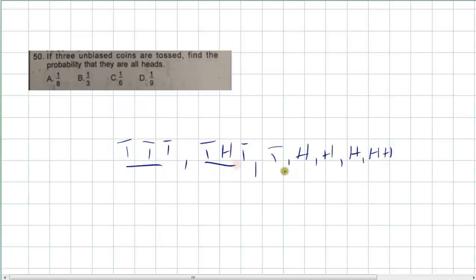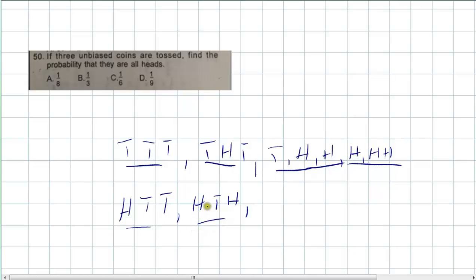This is 1, 2, those are 3, that's 4. You could have heads and then tails and tails, or you can have heads, tails, heads, or you can have, let's see here, 1, 2, 3, 4, 5, 6.